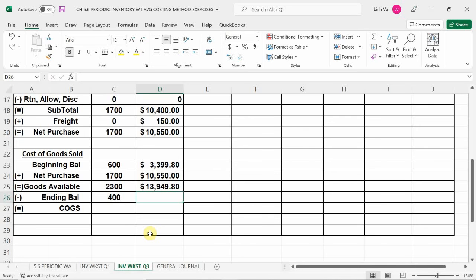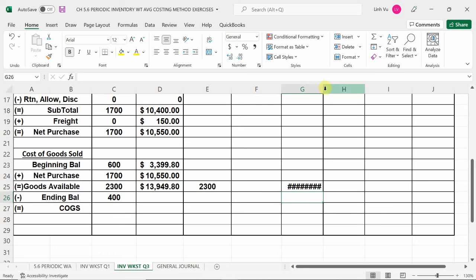These are the numbers I need to use to calculate my average cost per item. So I have 2,300 units at a grand total cost of $13,949.80.